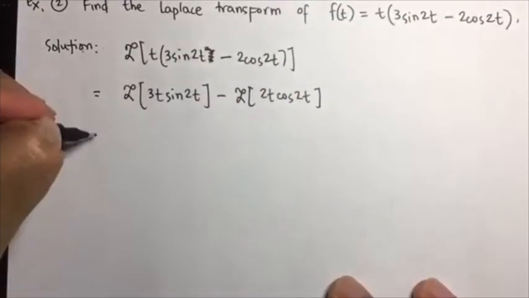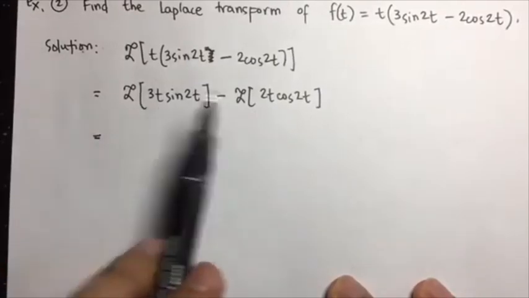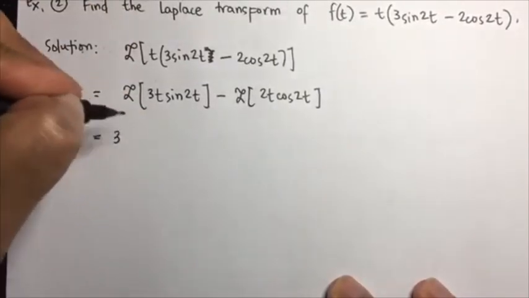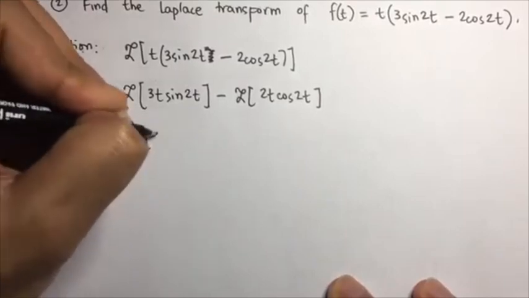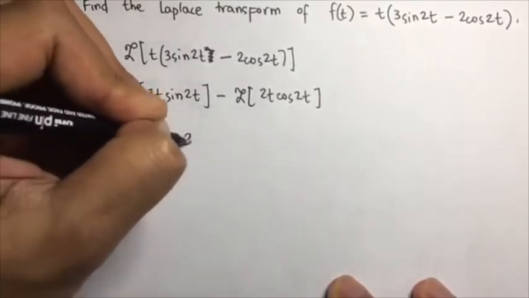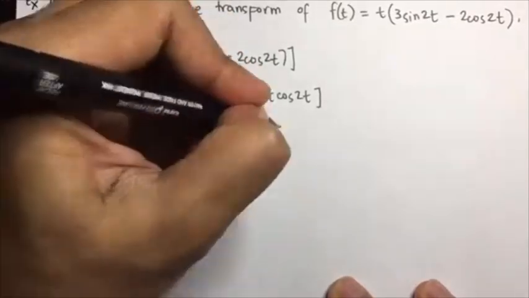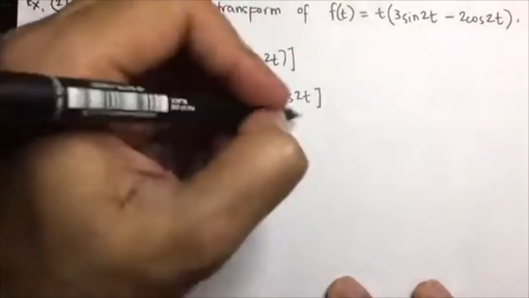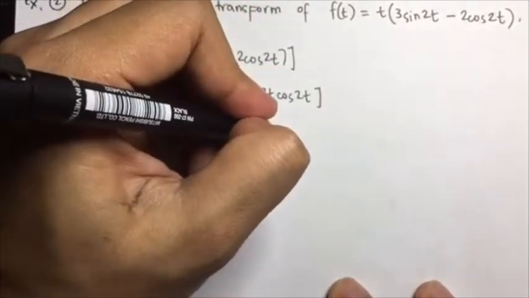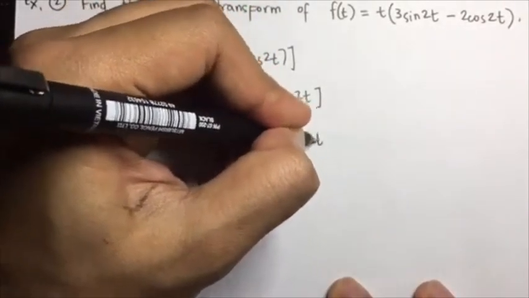Okay, so we have numerical coefficients, so we can take those out. So 3 Laplace transform of t sine 2t minus 2 Laplace transform of t cosine 2t.